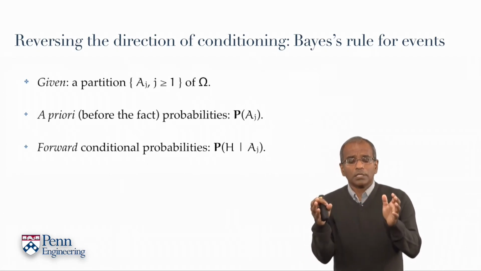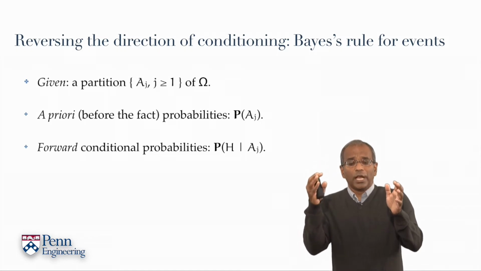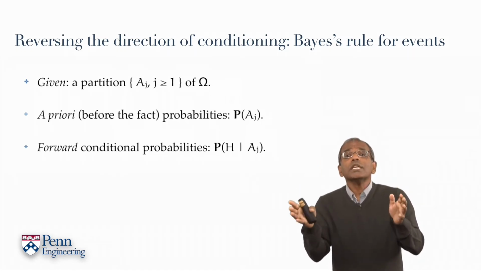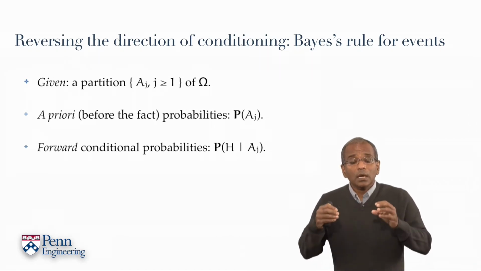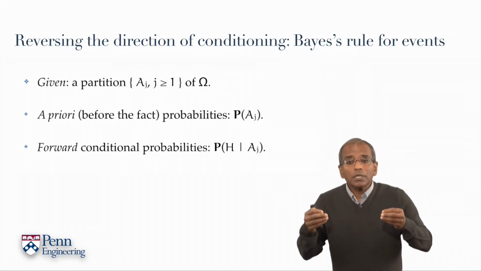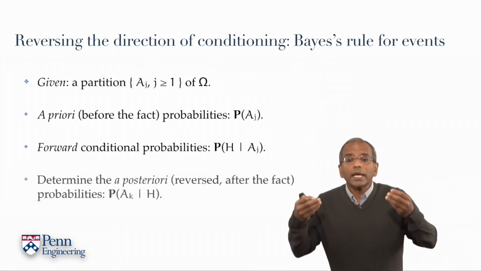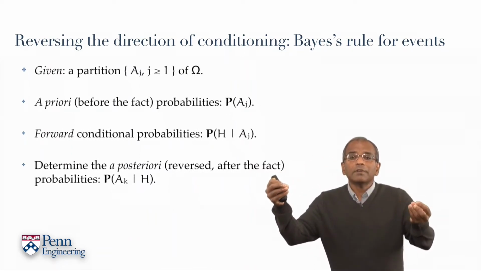From a purely mathematical point of view, we think of this as starting with some A sub j and then proceeding to an H. The question now is, what can we say about the conditional probability in reverse?